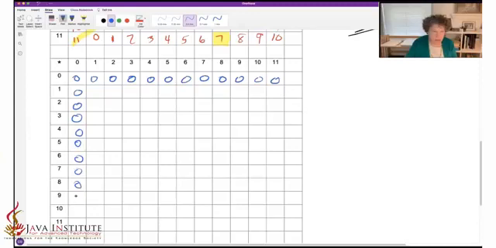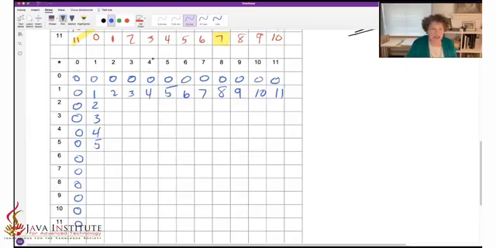What's 1 times, let's just say x. What's 1 times, okay, 1. 1 times 1 is 1. 1 times x is x. So 1 times 2 is 2, 3, 4. This one's easy. And you notice I'm doing the column at the same time because, you know, think about it.